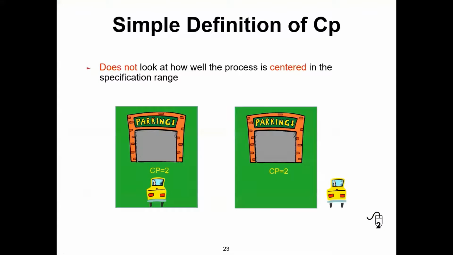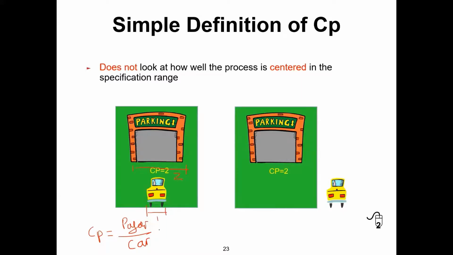Okay, so this is CP. In the first scenario, the gate is double the size of the car. So when you park your car in, definitely CP will be fine. If we compare the parking gate and the car, in the first picture the car is 1, the parking gate is 2.